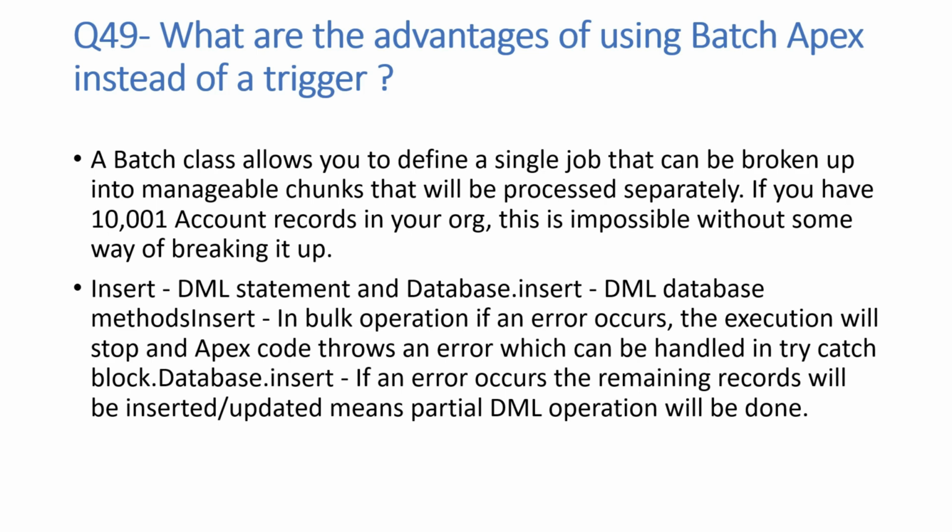Whereas with the insert DML statement and the Database.insert method in a bulk operation, if an error occurs with the DML statement, the execution will stop and the Apex code throws an error which can be handled in a try-catch block. Whereas with Database.insert, if an error occurs, the remaining records will be inserted and updated, meaning a partial DML operation will be done.